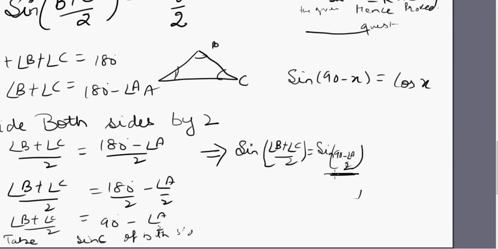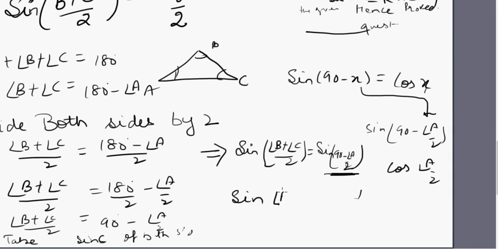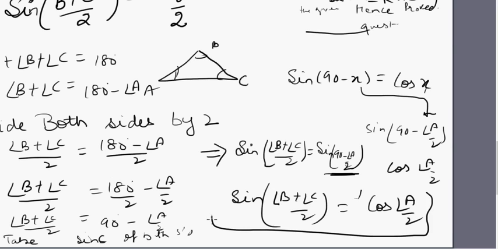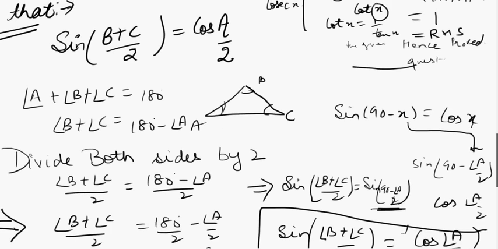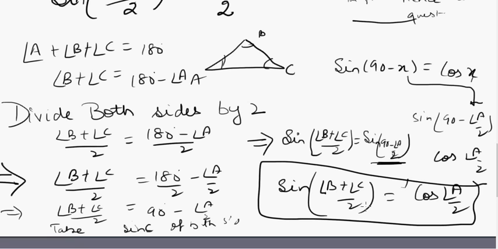So this particular right hand side becomes, that is, sine of 90 minus angle A over 2. If x is this part, then it will become cos of angle A by 2. So we are finally getting sine of angle B plus C whole divided by 2 equals cos of angle A by 2. Hence the result which we needed has been derived, and we have found out that this is the result.